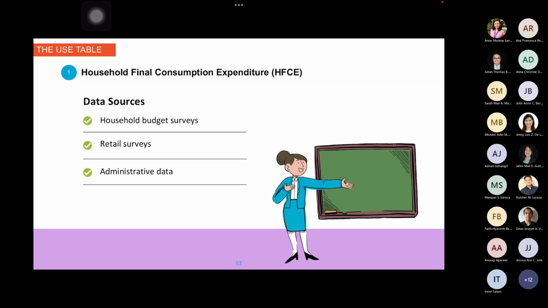But the downside of this is that it is expensive and it is not very timely, and countries usually conduct this survey every 3 to 5 years.